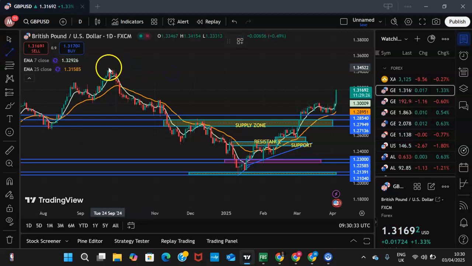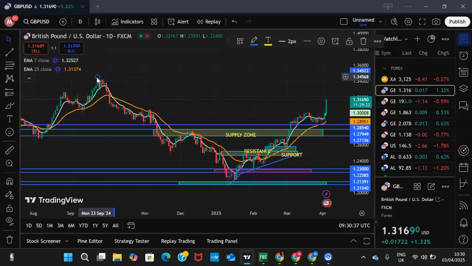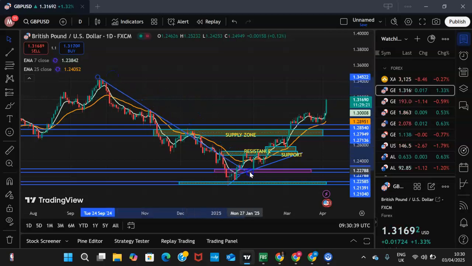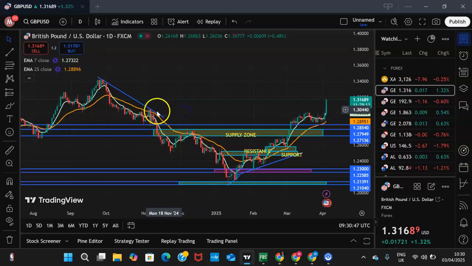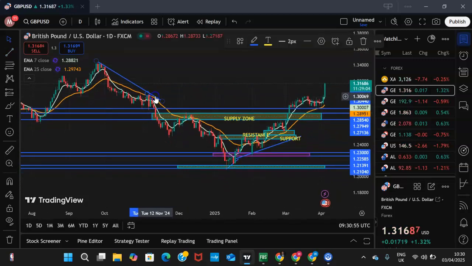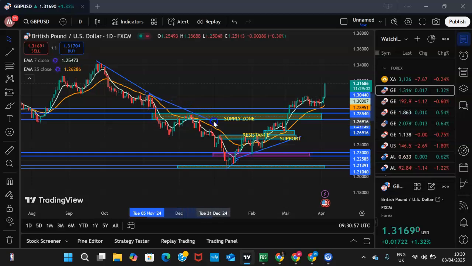All I have to do is connect it from this point to the next touch. Now this will be an accurate trend line. Now notice how price respected this here, and then you can join from this point to the next touch point. Now that is how to use your trend line.